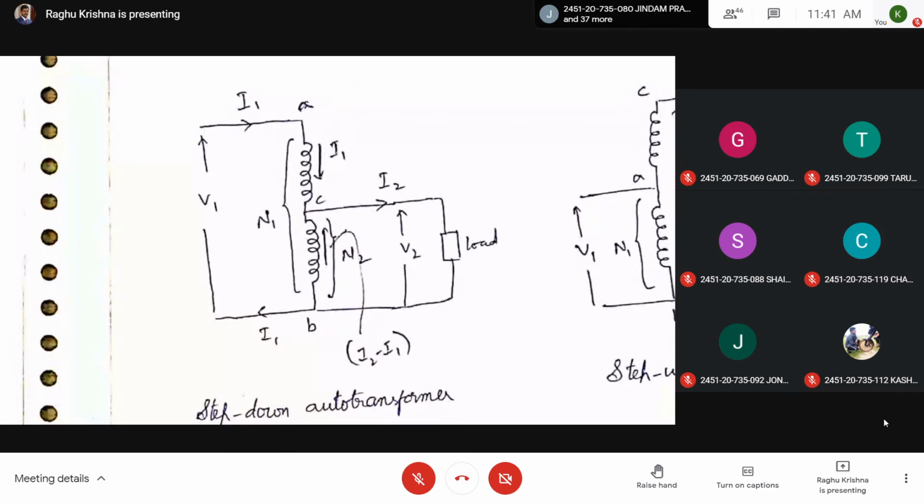N1 is the number of turns in the primary, N2 is the number of turns in the secondary, and this N2 is common to both primary and secondary. Here you can see I2 and the load. The voltage across the load is V2.